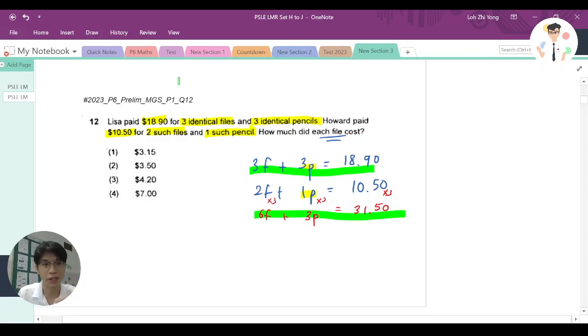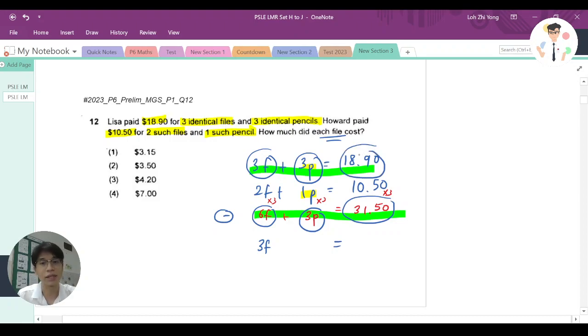And now, if I were to highlight this, and highlight this, we can now try to compare the price by looking at these two, where I can use minus. So 6F minus 3F, I know 3 files. 3 pencils minus 3 pencils is equal to nothing. $31.50 minus $18.90, I will be left with $12.60.